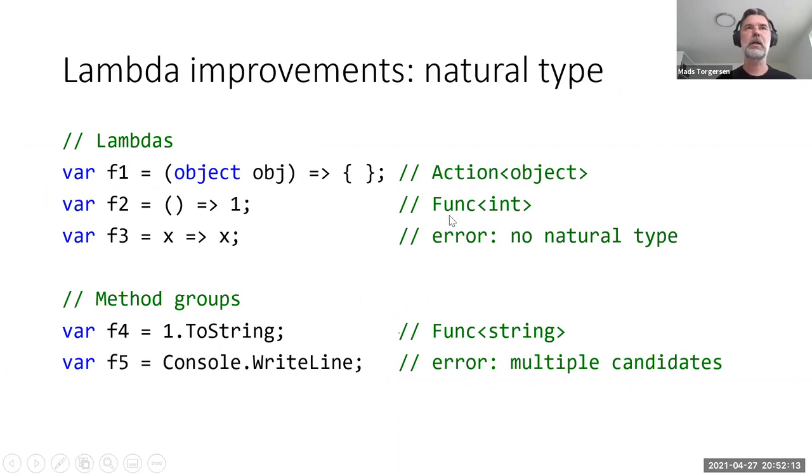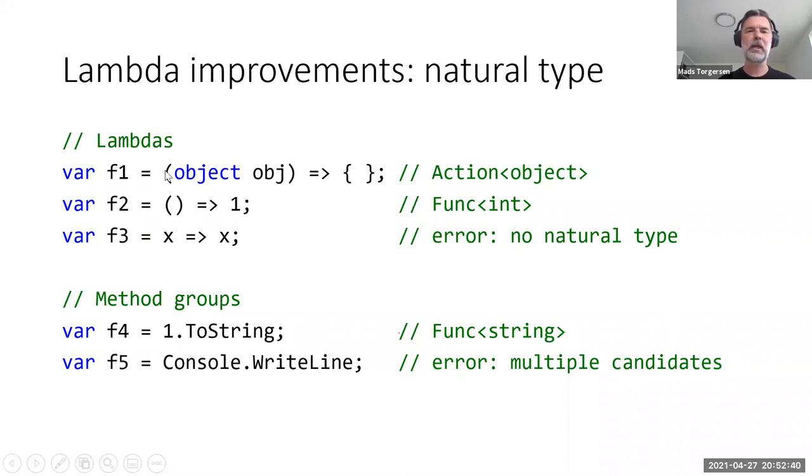First of all, Lambda expressions today don't have meaning unless you convert them to a delegate type or an expression tree type. But some of them could, like if you actually provide a type for the parameter, we could infer a delegate type for the whole Lambda. VB already does this, and we should just do that too.